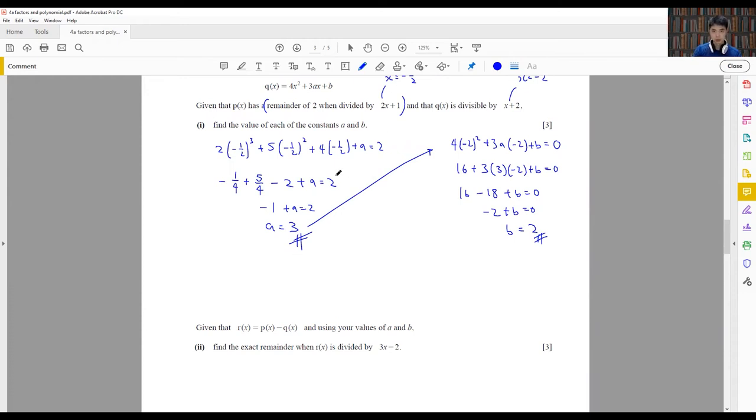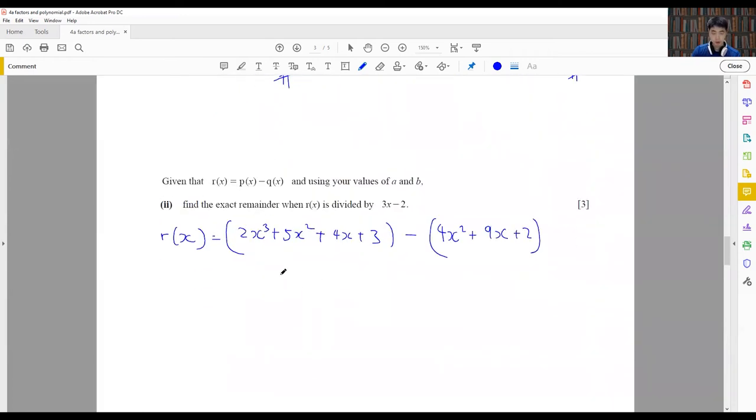What we're supposed to do is substitute our equations for p(x), which is 2x cubed plus 5x squared plus 4x plus 3, minus q(x), which was 4x squared plus 3 times 3 is 9, 9x plus 2. This will equal r(x).